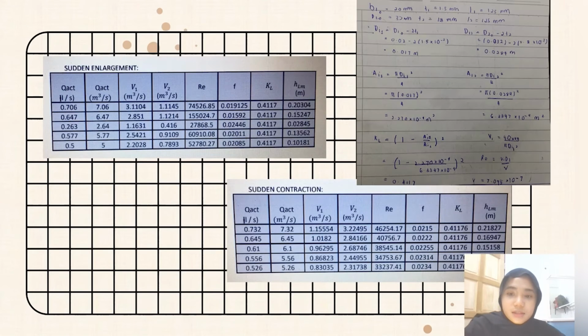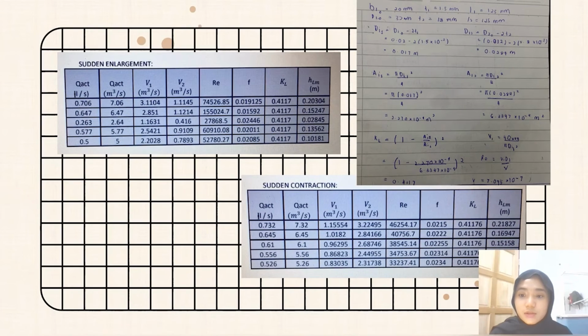In this calculation, we want to find the loss coefficient and minor losses. So first of all, we need to find the inner diameter first, by using the formula outer diameter minus 2 times thickness. So we need to find inner diameter 1 and inner diameter 2.